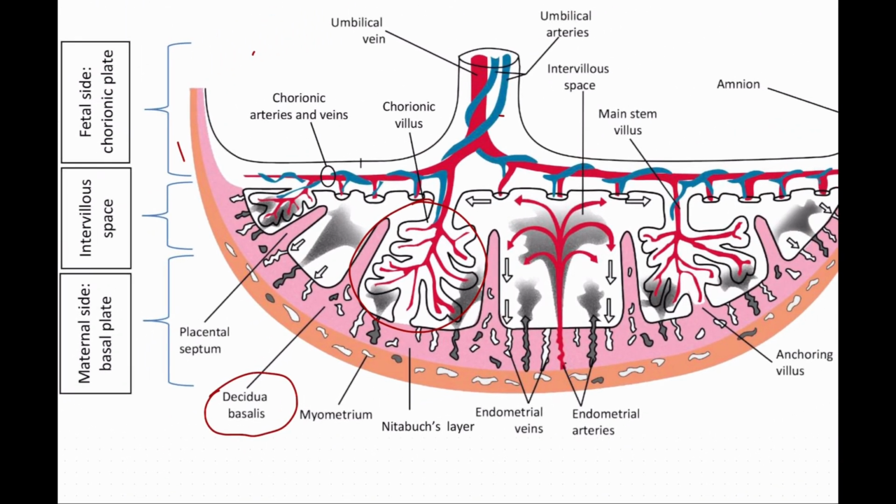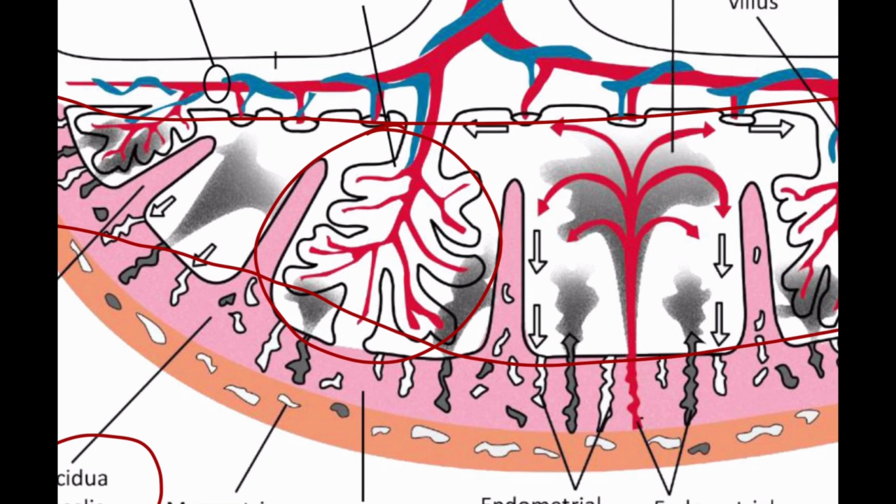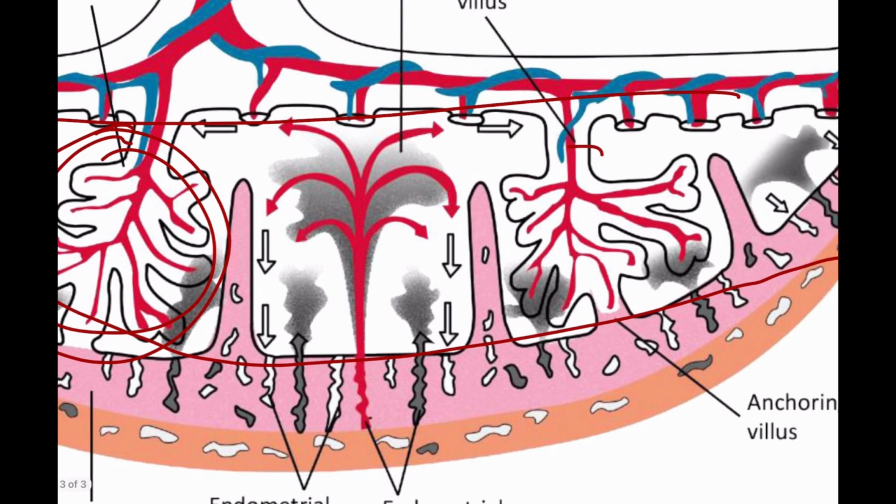Then we go into the intervillous space, which you can think of as this whole space here. This is the space within the maternal side of the placenta, and it's filled with maternal blood. This maternal blood bathes the chorionic villi and soaks it up, which allows for nutrient and gas exchange without direct mixing of fetal and maternal blood.